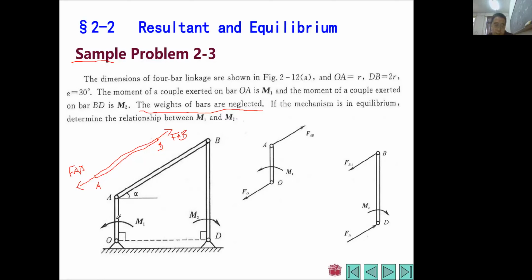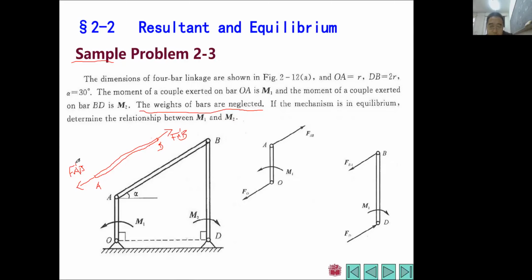So if OA tries to pull AB along this direction from pin A, then AB will pull OA along the opposite direction, right? So we have FAB here. I can draw this here.